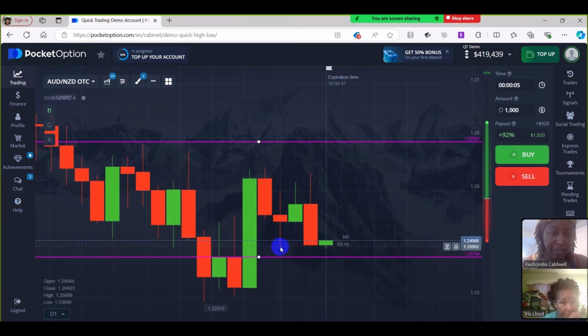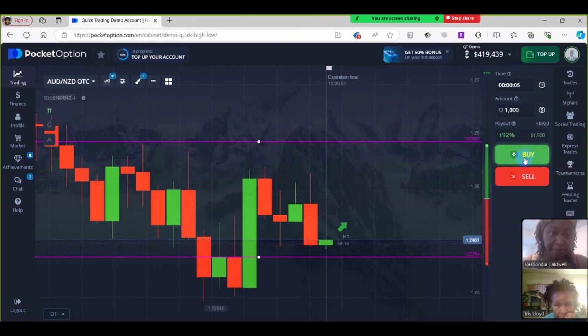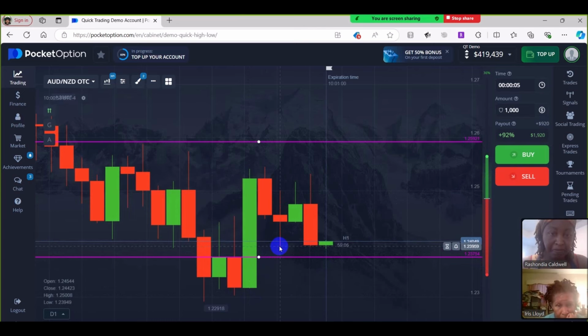But you see, it's going back up because of this wick right here. Let it come back down some.